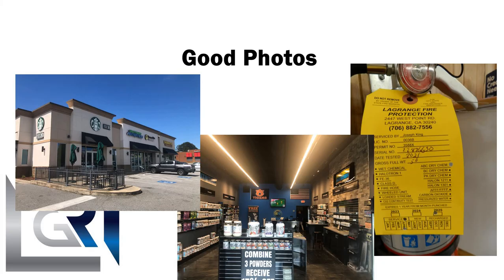I also can see which company, in this case LaGrange Fire Protection in West Point, serviced this fire extinguisher, and that it was done in August of 2005. So taking a photo such as that, and then a photo such as that, will give me the necessary information that I need.